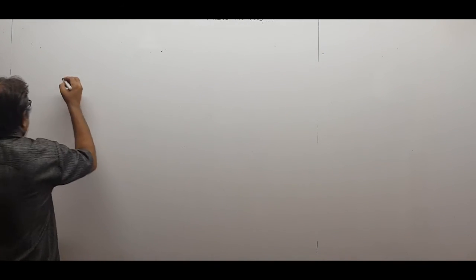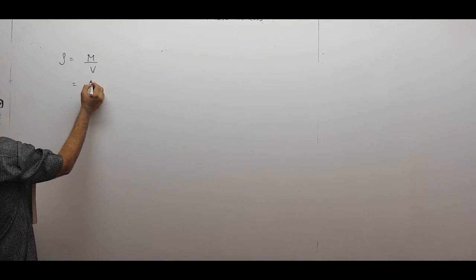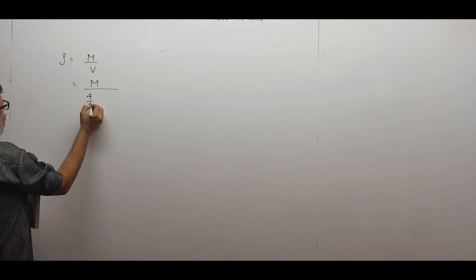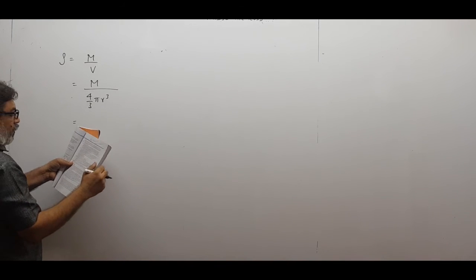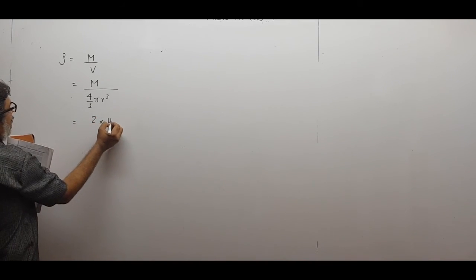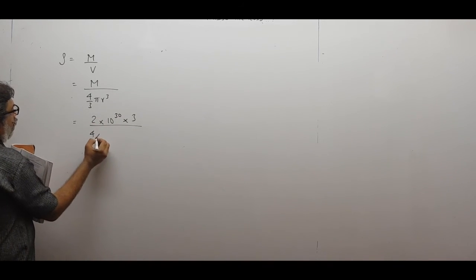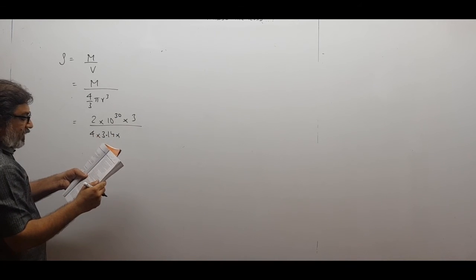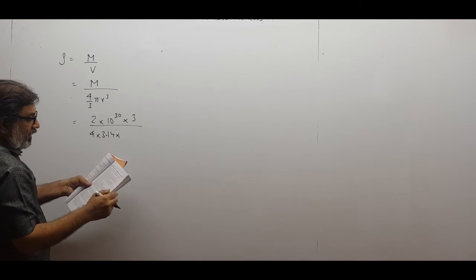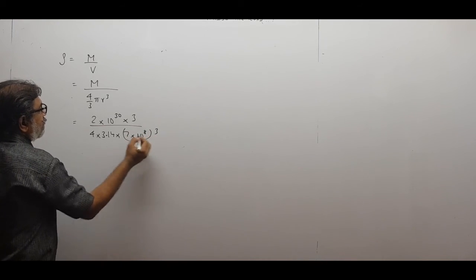So density of the sun will be mass upon volume, that is mass upon 4 upon 3 pi r cube. The mass of the sun is given to us as 2 into 10 raised to 30, into 3 upon 4 into 3.14, and the radius is given as 7 into 10 raised to 8, whole cube.